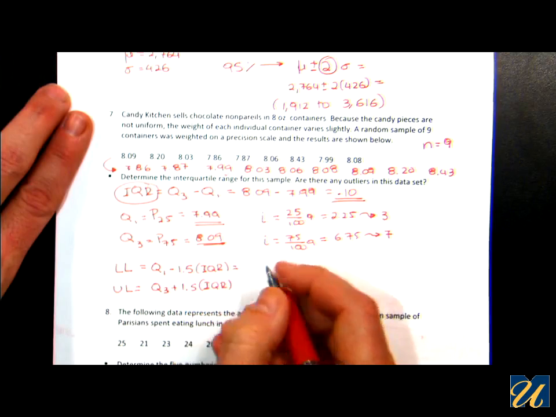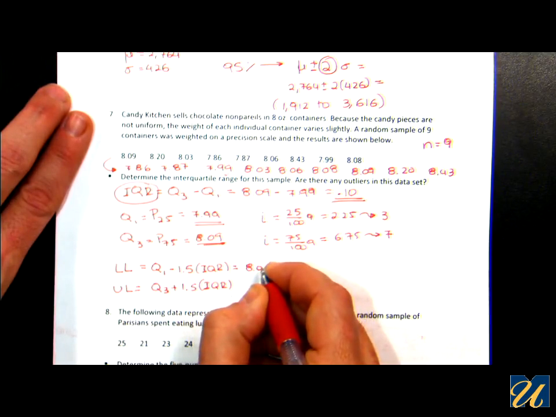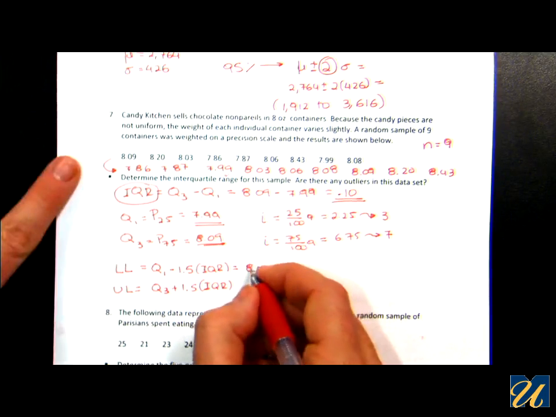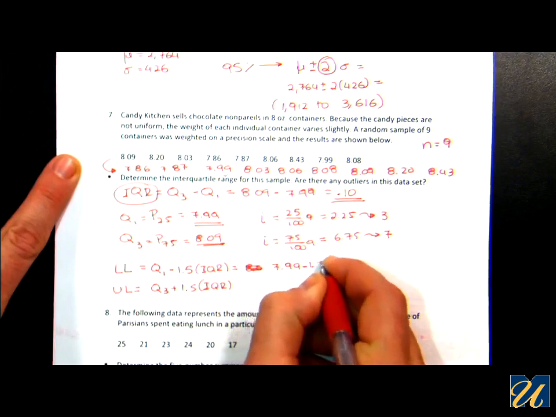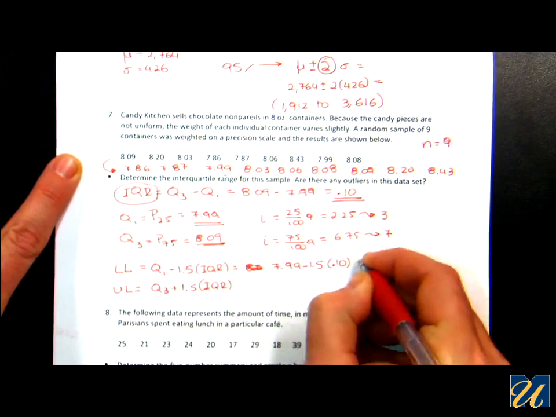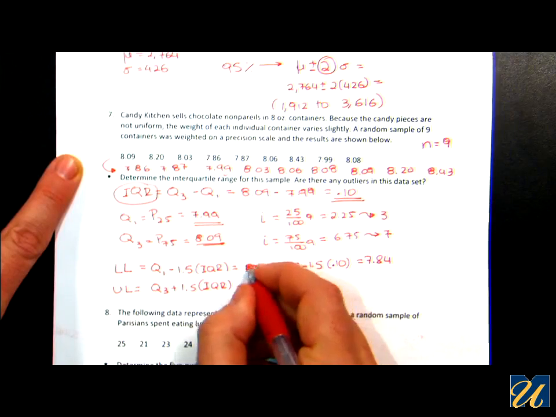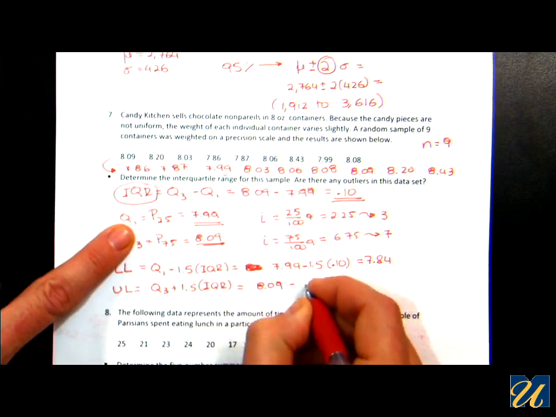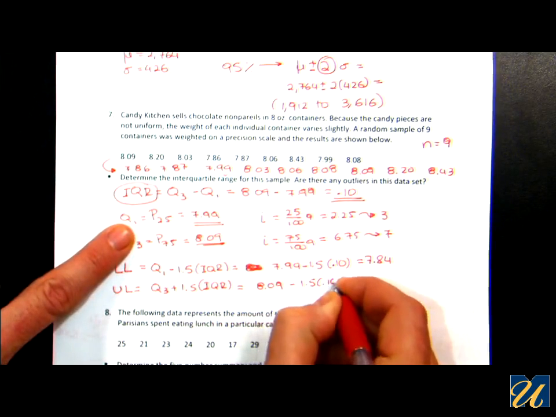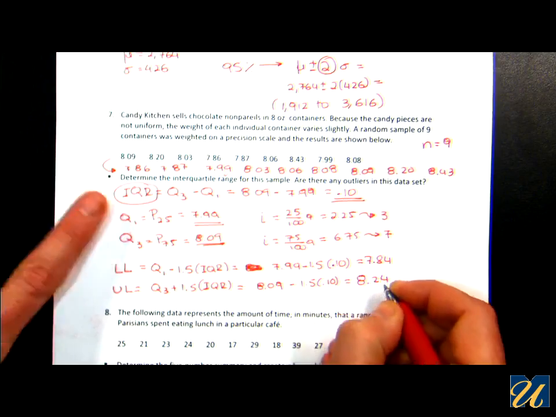So we just plug in the numbers. For the lower limit, we have 7.99 minus 1.5 times 0.1, which is 7.84. And for the upper limit, we have 8.09 plus 1.5 times 0.1, which is equal to 8.24.